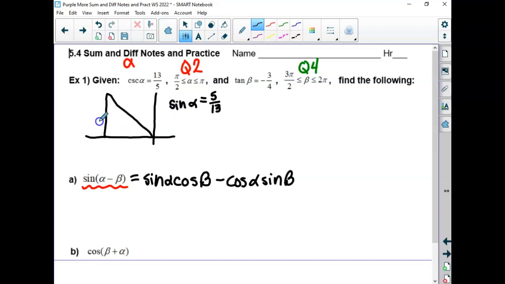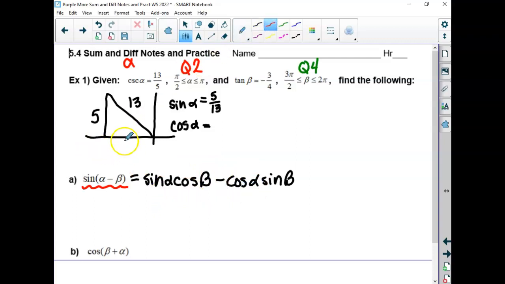But I'm also going to label opposite over hypotenuse as 5/13. How are we going to figure out cosine? Because we're going to also need cosine down here, you notice. Right here it says cosine, we're going to need it in a minute.